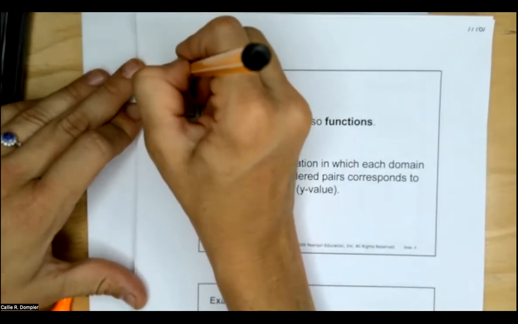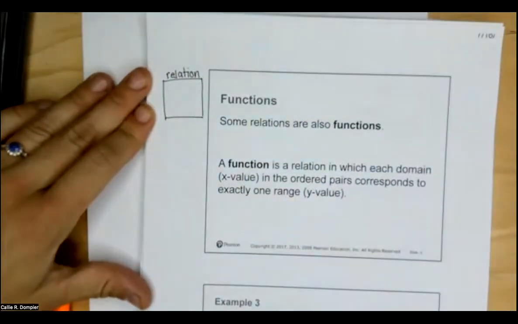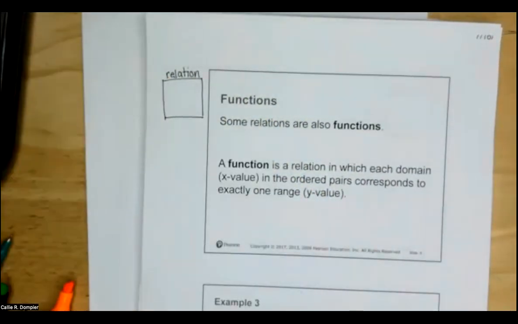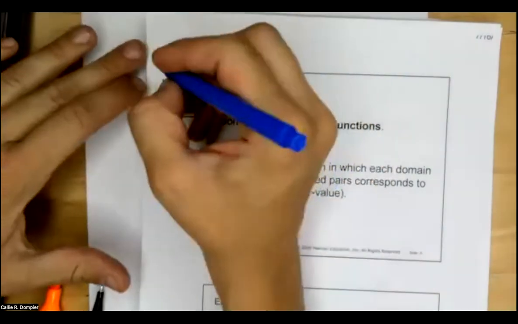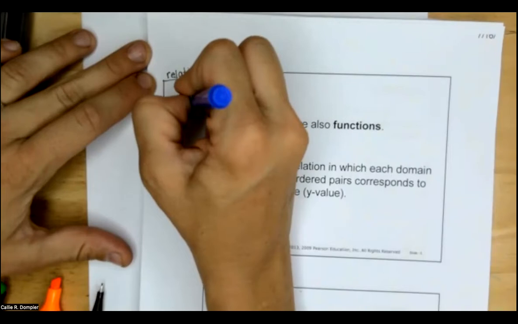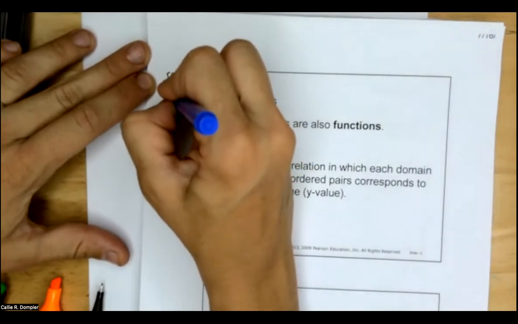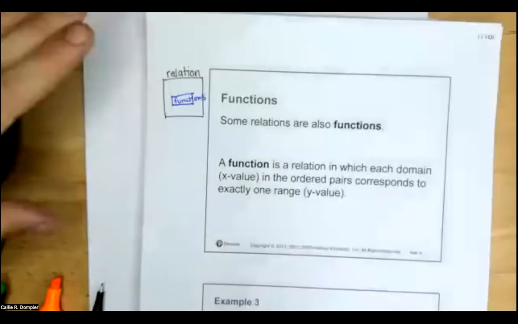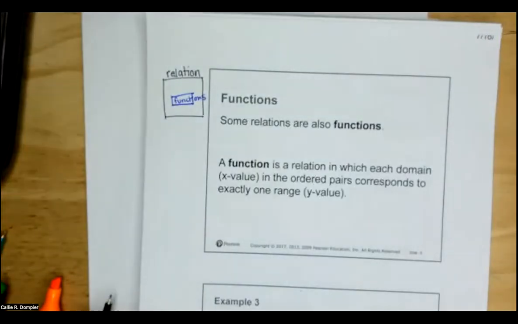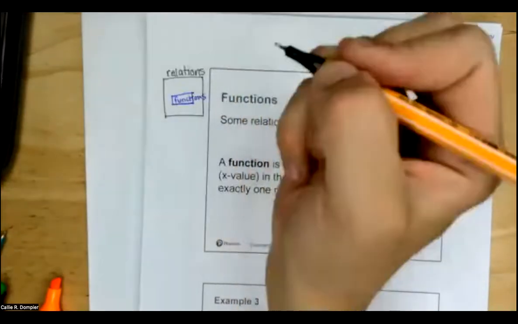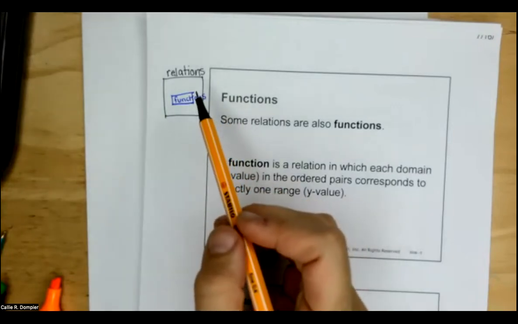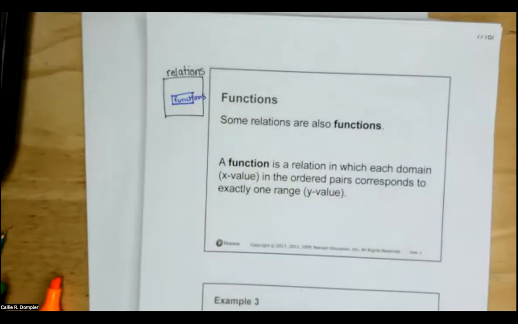Anything that is a group that has an input and an output is a relation. Within relations, some are functions, okay? So all of these are relations. Some relations are functions. All functions are relations, not all relations are functions.